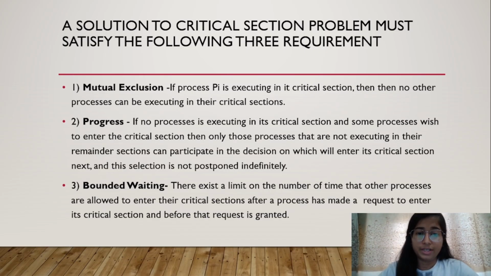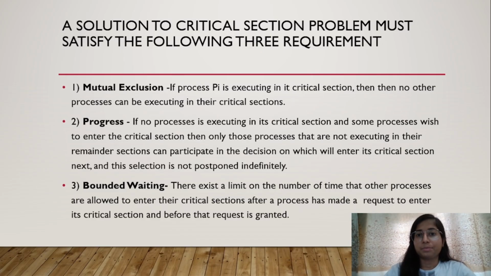Third is bounded waiting. There exists a limit on the number of times that other processes are allowed to enter their critical section after a process has made a request to enter its critical section and before that request is granted. It means the processes should not request again and again. There should be a limit, like three or four times only. It should not be that a process is indefinitely asking for permission and not getting its chance.